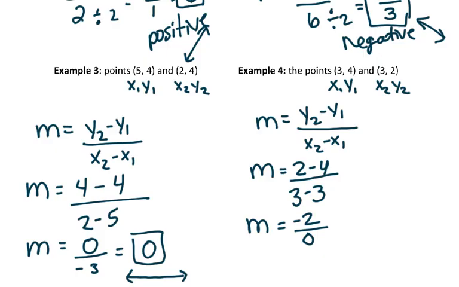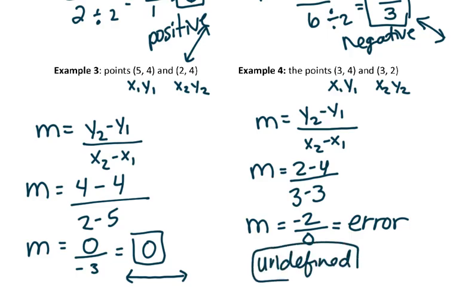You have to type this into your calculator. Don't just see the 0 and say, oh, it must be 0. If you type this into your calculator, you are going to get an error. Now, that's not your answer, but that tells us that our slope is undefined. And then that tells us that we have a vertical line.